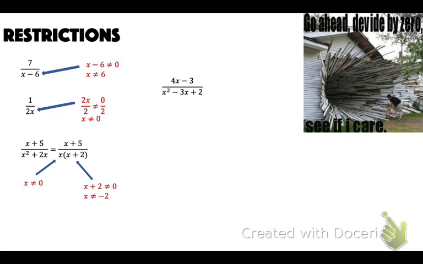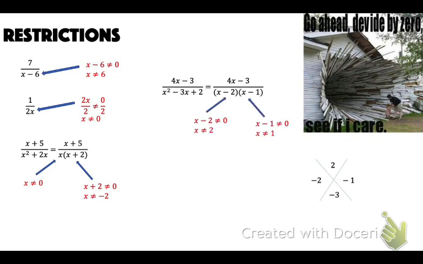This one, factor it, see what multiplies to 2 and adds to -3, which then we'd get restrictions of 2 and of 1. This one, I'm going to factor out that x cubed. That gives us a restriction of 0, and this is a restriction of 3.